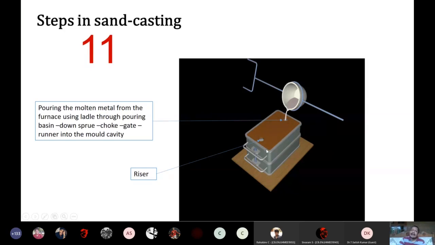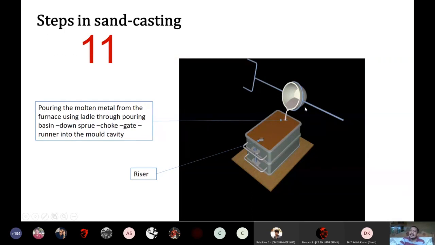So I have cut the gates. Again, these mold flasks are joined together. Using the ladle, the molten metal is melted in the furnace. Different types of furnaces are available. For each metal you are using, you have to use a different type of furnace to get the solid material into the molten metal condition like this.